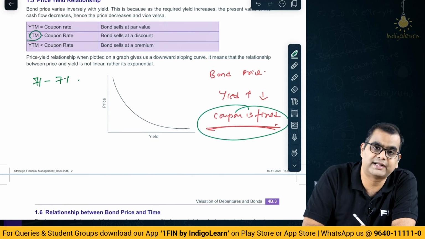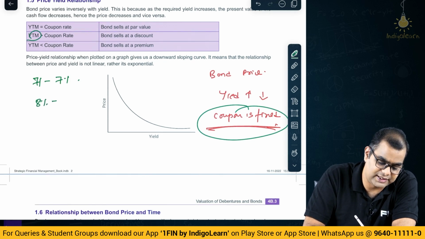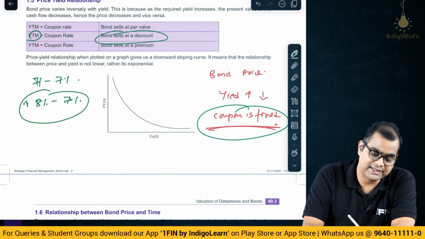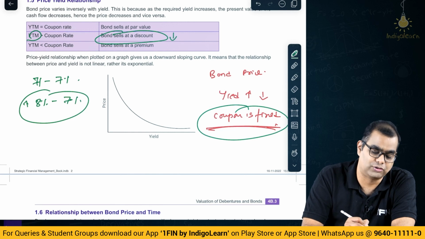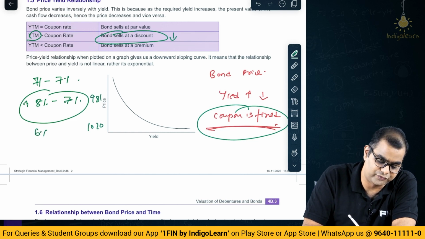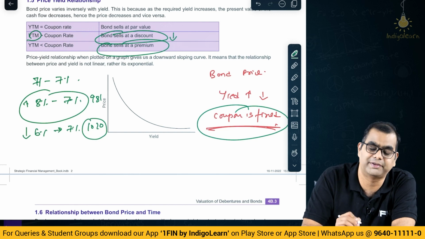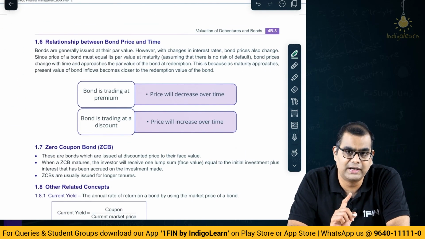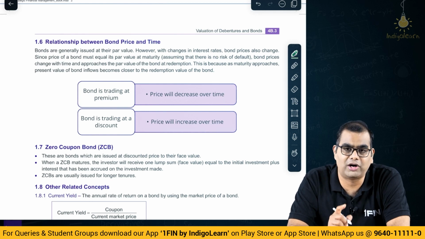When yield is greater than the coupon of 7%, that is market yield increases, bond price comes down, that is it sells at a discount. When I said 6%, this is 981 and this is 1020. When yield comes down and the coupon rate is same 7%, the price increases. So, bond sells at a premium. This is the logic.